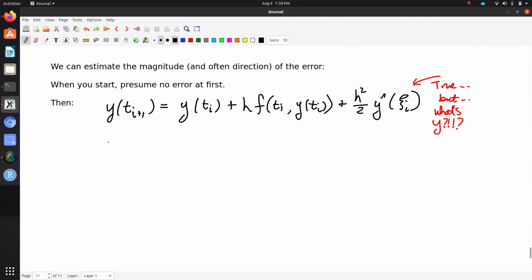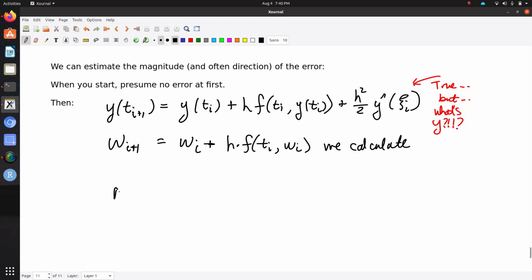And this is what we're calculating. w_{i+1} is what we use to estimate y of t at i+1, and that's going to equal our previous iteration plus h, that's our step size, times f of t_i, w_i, because that's what we have, what we calculate.